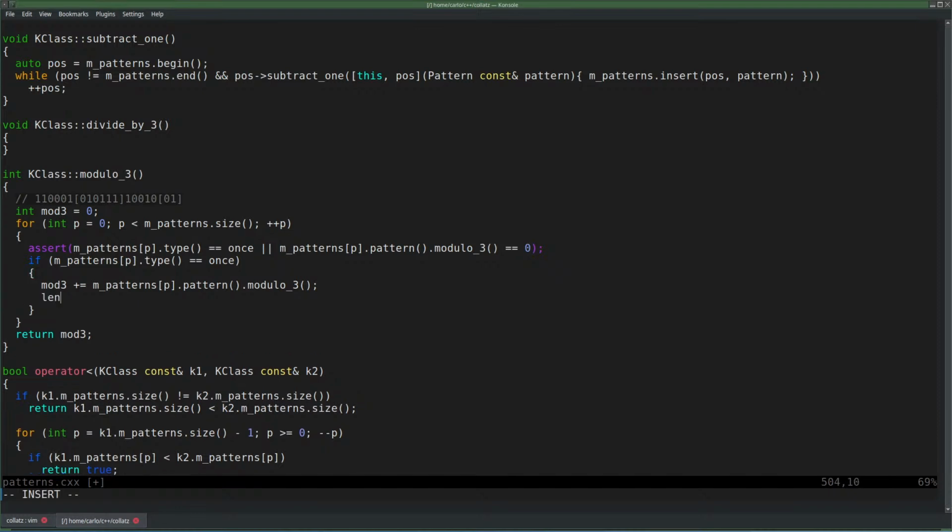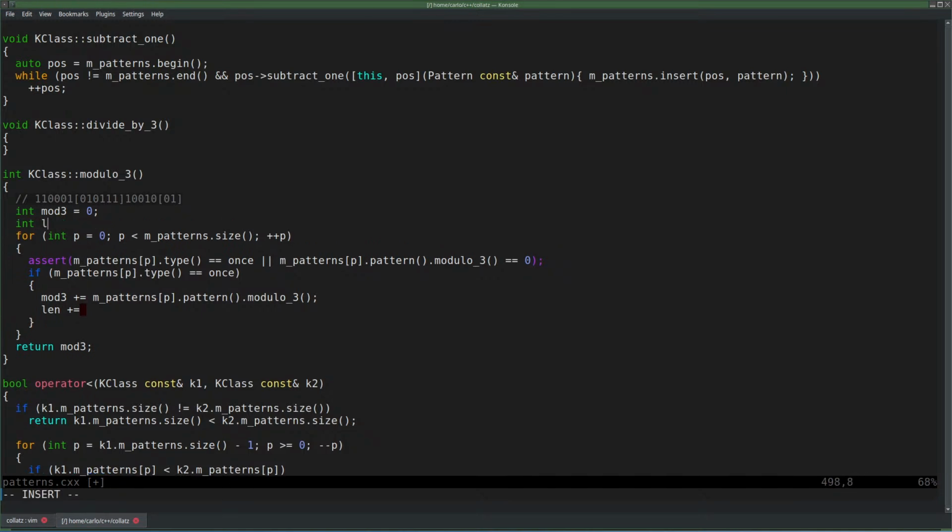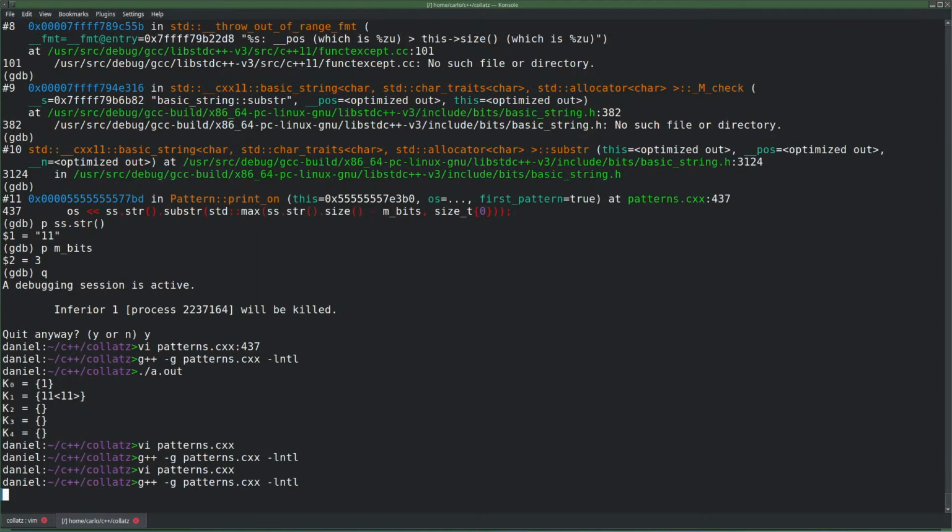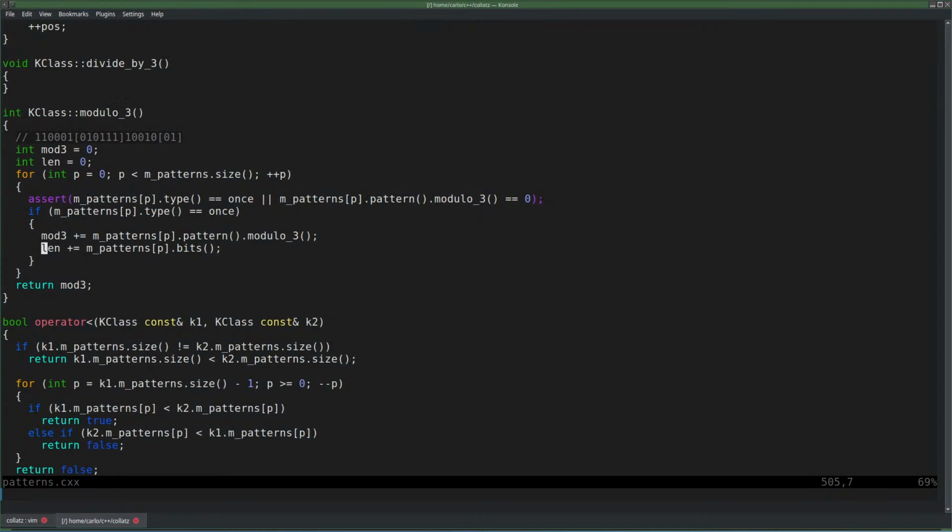And then I have a len. It also starts at 0. And the len must be added the number of bits of that pattern. That also compiles, right? Now if len is odd, then I must invert 1 and 2.